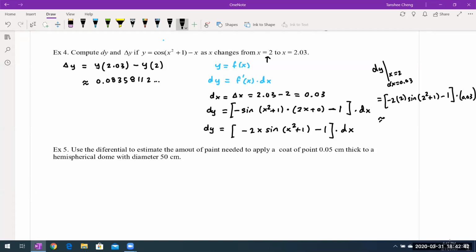And when I compute this, this will give me approximately 0.0850709 dot dot dot. So you can see that the change in y value of the original function and the approximation agree up to 2 or 3 decimal points of accuracy, close to 2 decimal point accuracy for this one.